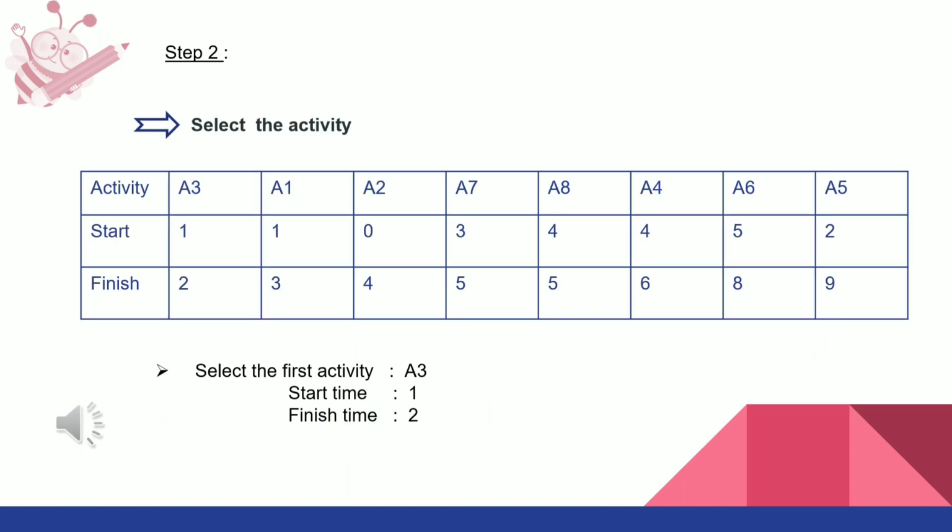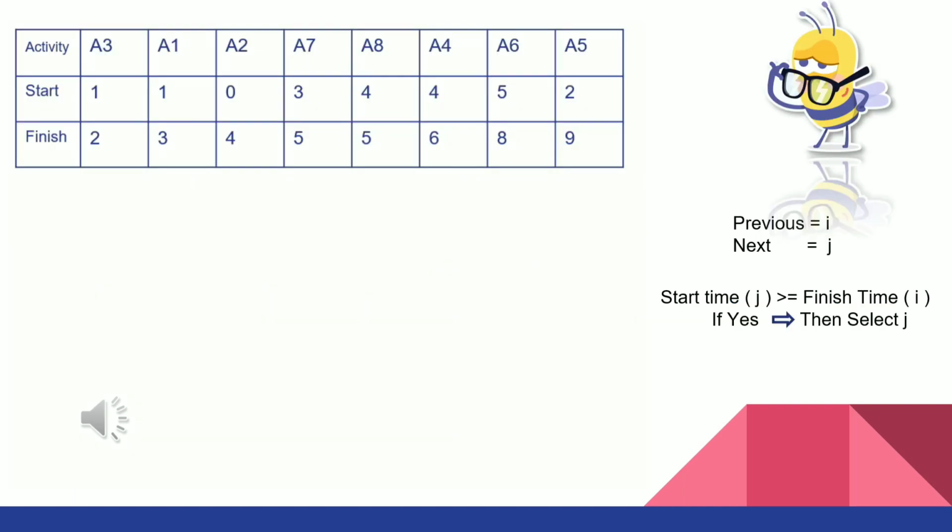Step 2, select the first activity. The first activity is kept as it is, and we are going to solve the rest of the activities using the condition. As of now, the first activity is A3, for which the start time is 1 and the finish time is 2. So let us solve this table. As already said, the first activity A3 is kept as it is.